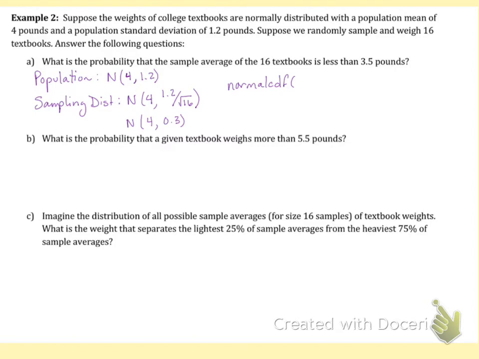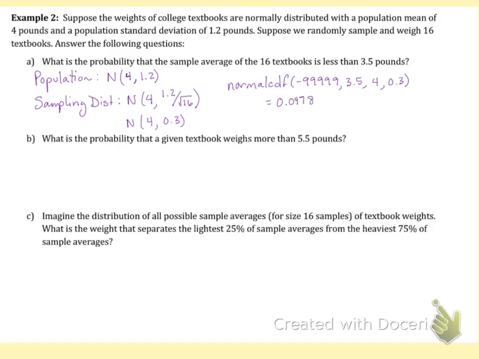Less than 3.5 pounds means the lower bound is negative infinity, and the upper bound is positive 3.5. The mean is the mean from our sampling distribution, which is 4, and the standard deviation is the standard deviation from our sampling distribution, 0.3. And when you put this in your calculator, you get a probability of 0.0478.